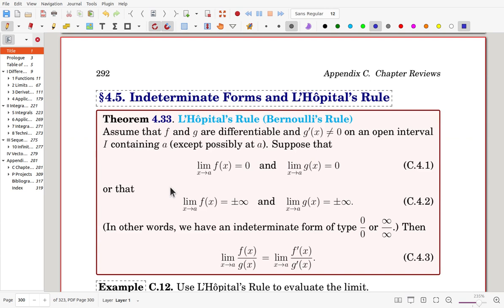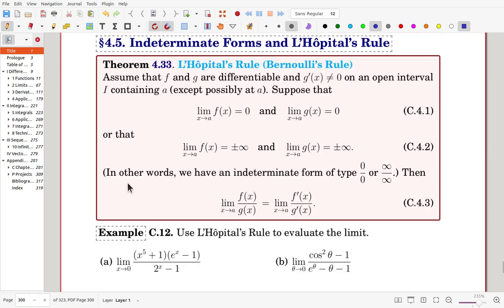Indeterminate forms and L'Hopital's rule. In L'Hopital's rule, we are especially interested in the form of a fraction f of x over g of x, where as x approaches a, both of them may go to 0 or go to infinity or minus infinity. One can go to infinity and the other to negative infinity; it doesn't matter.